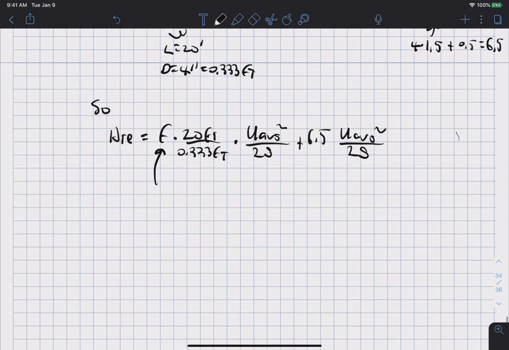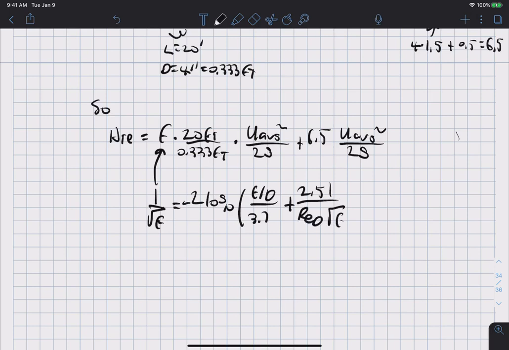So we'll just use the Colebrook equation again, as we always have. That's 1 over square root of F equals minus 2 log base 10 of the relative roughness divided by 3.7 plus 2.51 over the Reynolds number based on diameter times the square root of F. The relative roughness, epsilon over D, equals 0.0005 feet divided by 0.333 feet, because the diameter is 4 inches, which is 1/3 of a foot.